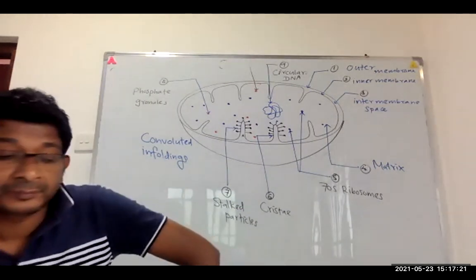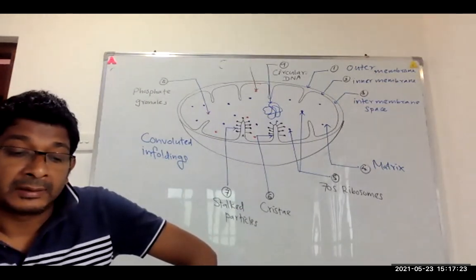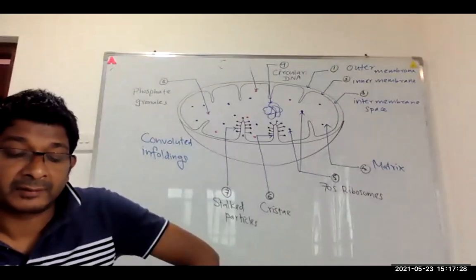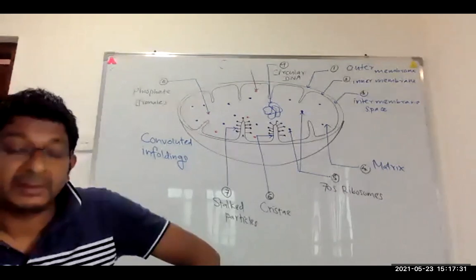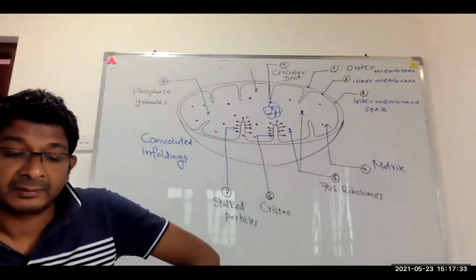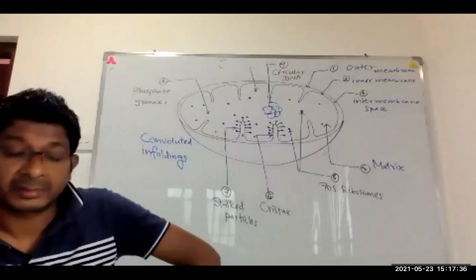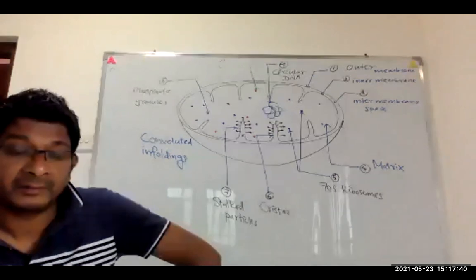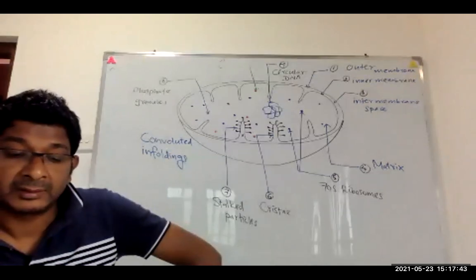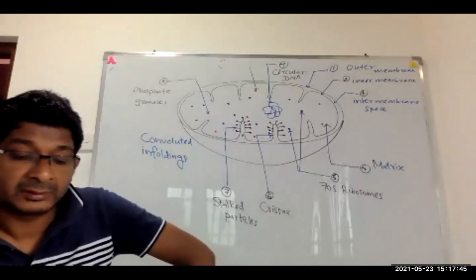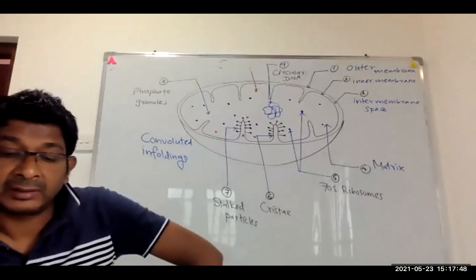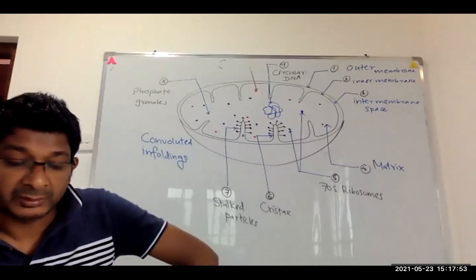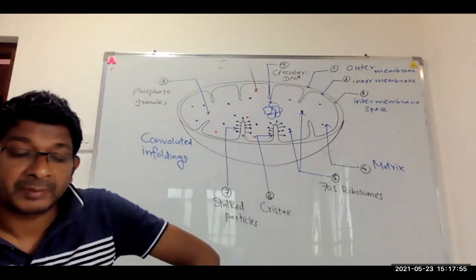Next point. The space in between the inner and outer membranes of the mitochondrion is called the intermembrane space.